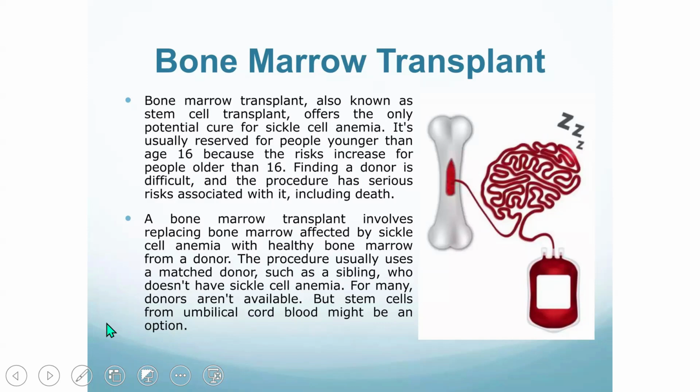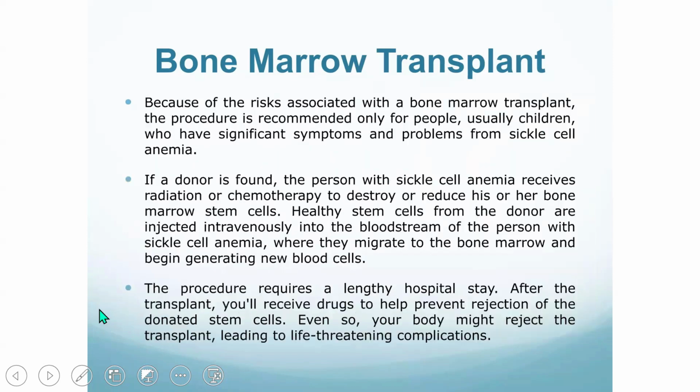You have to know that it must be matched, maybe from a sibling. For many, donors are not available, but you can use stem cells from the umbilical cord to generate the bone marrow, and then use it for the transplant. That is stem cell technology.